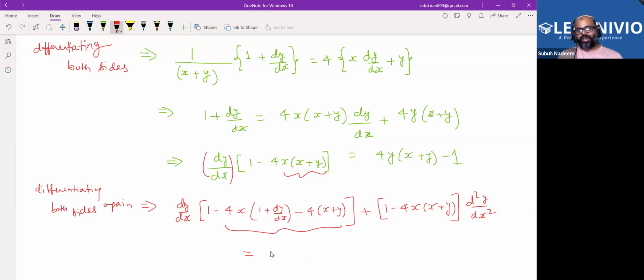When you differentiate the right hand side, it will be 4(x plus y) dy by dx plus 4y (1 plus dy by dx).